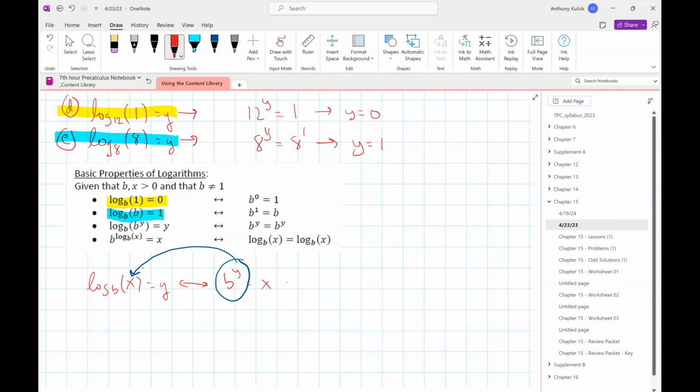What would I get? I'd have log base b of b to the y is equal to y. Aha! That's exactly what we have up there, right? What is that really saying? It's saying that log base b will cancel the exponent base b, and we're just left with y equals y, right?